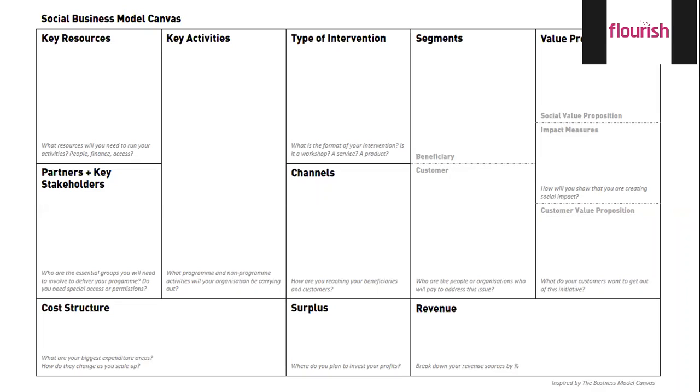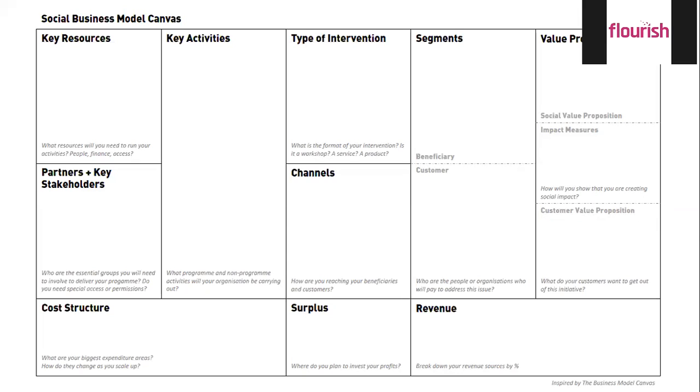It's just flagging up where you end up leaping around this canvas until you've completed it, or until you've understood all aspects. So we've jumped from, we know what our activities are, so we've bullet pointed those. We think we know who our beneficiaries and our customers are, or who we'd like them to be. Could we talk to somebody about this and see, can they think of anyone else? Am I missing a trick here?